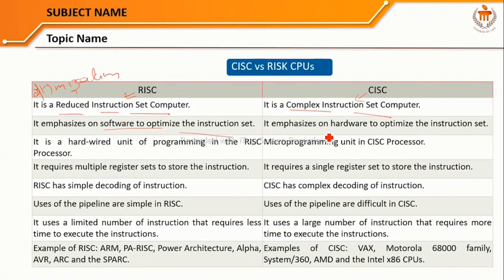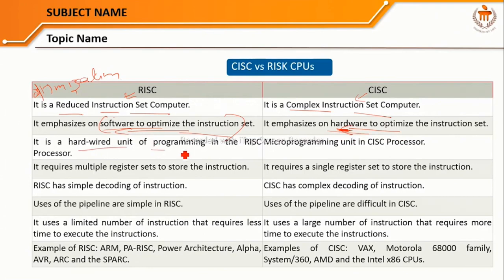And CISC uses complex hardware to optimize. So in RISC we are talking about optimization of the instruction set by software, and in CISC we are talking about the hardware. The second difference: CISC is optimization by hardware, RISC is optimization by software. This is RISC.